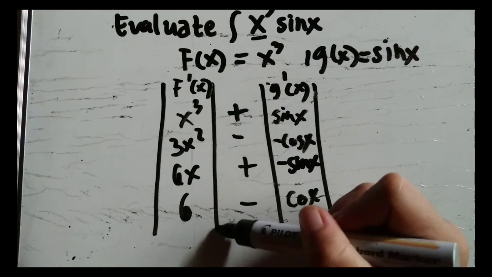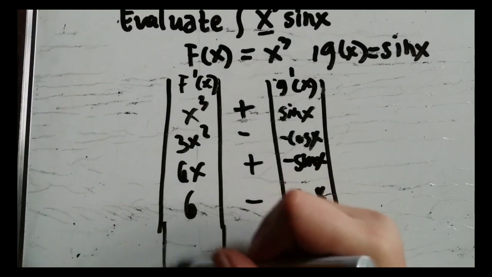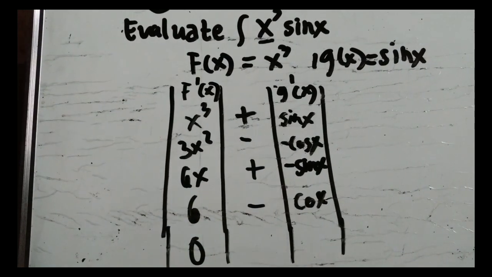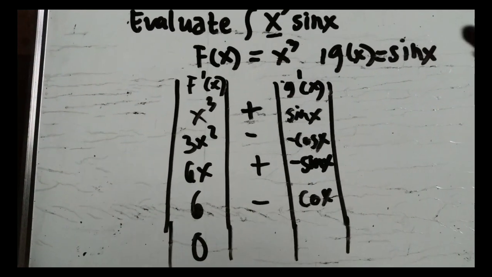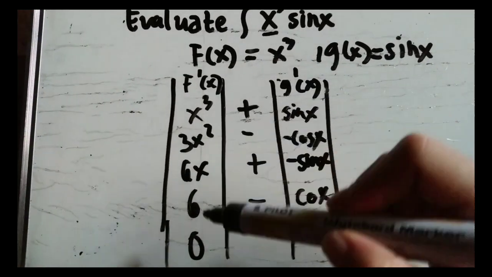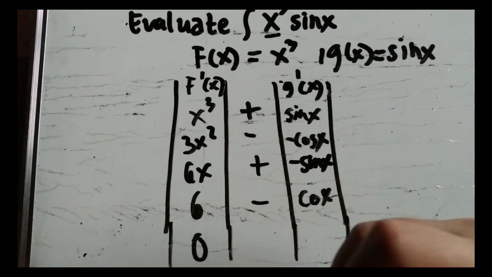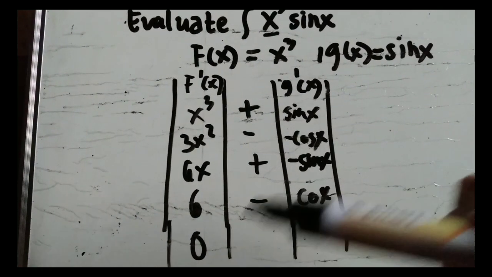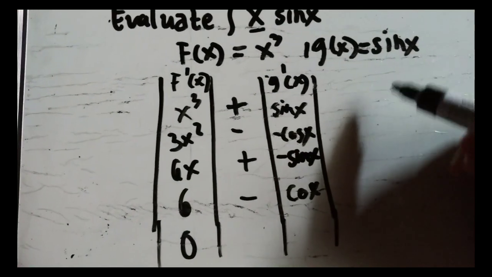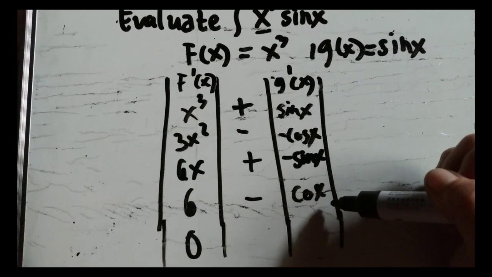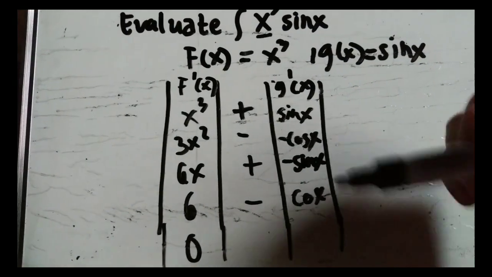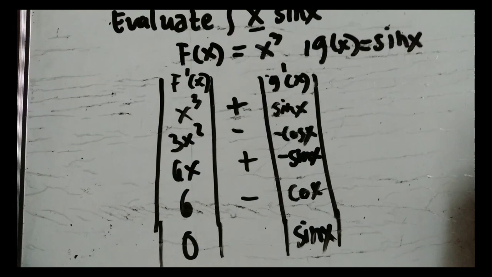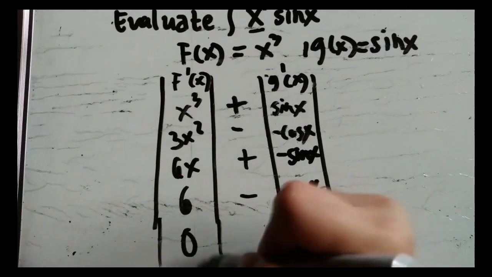Then next, the derivative of 6 would be 0. So when we derive this and we get 0, we stop the derivation. So we stop here.